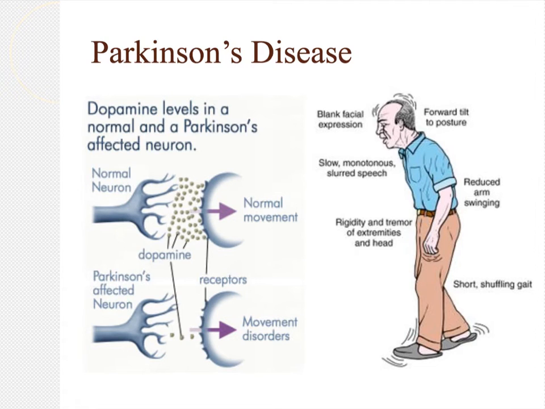There are 4 stages of Parkinson's disease. Stage 1, of course, being the initial stage. Actually, it goes to 5 stages. Stage 5 being complete dependence in their ADLs. So stage 1 will be the initial stage, and then ranging from 2, 3, 4, 5 to the most severe stage of Parkinson's disease.